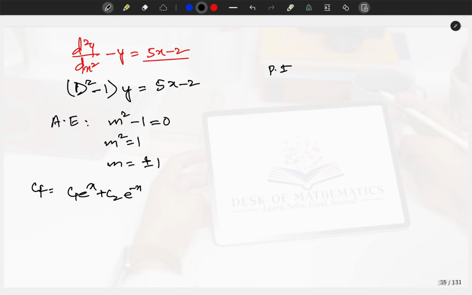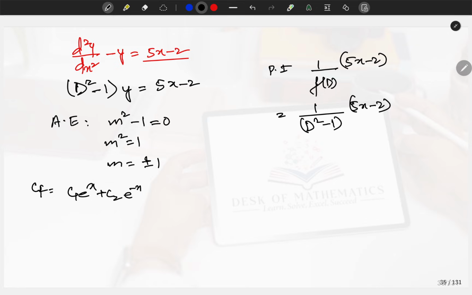so in the particular integral if you will check, that is 1 by f of d times 5x minus 2, so that's 1 by d square minus 1 times 5x minus 2. So as I told, here what you have to do, you have to make it a binomial one. So take the minus common, so you will get minus 1 by 1 minus d square times 5x minus 2.